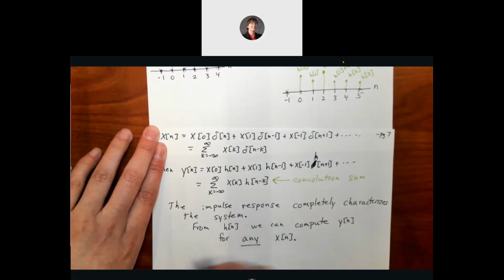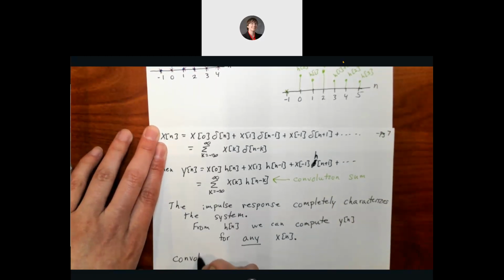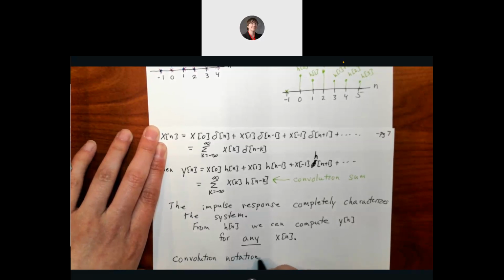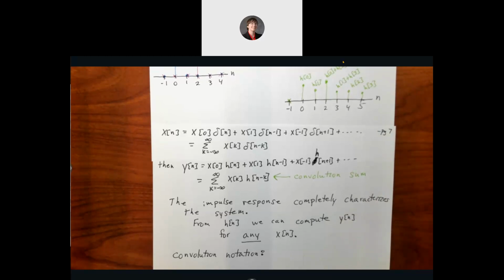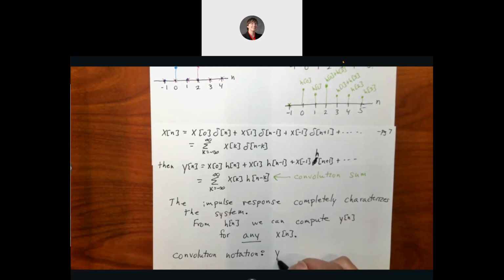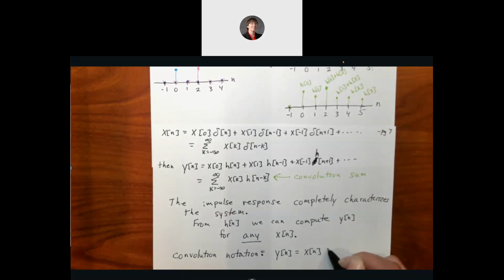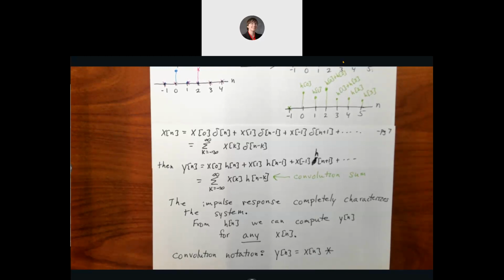And I will make a note here that the way that we denote convolution does confuse some students at first. They assume it's multiplication, but what we're going to do is use an asterisk. So x of n, this asterisk means that we're doing a convolution, not a multiplication.